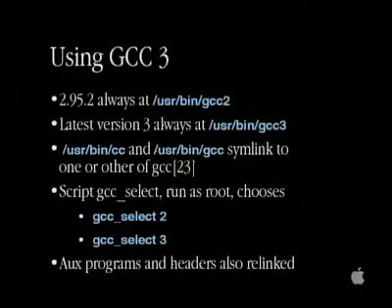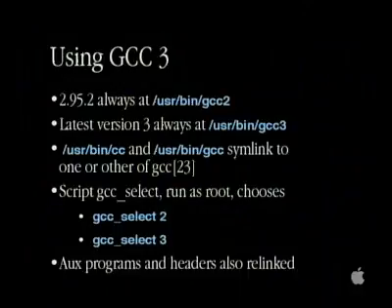Anyway, as a workaround, we set things up so that both compilers will be available in Jaguar. This will be true of the shipped Jaguar, as well as the previews that you have. So the rule is 2.9.5.2 is always going to be available at /usr/bin/gcc2. That's the permanent home of the executable. The latest of version 3, and this will go for 3.2 or 3.3 or whatever, is /usr/bin/gcc3. Then we take /usr/bin/cc and gcc and we symlink to one or the other.